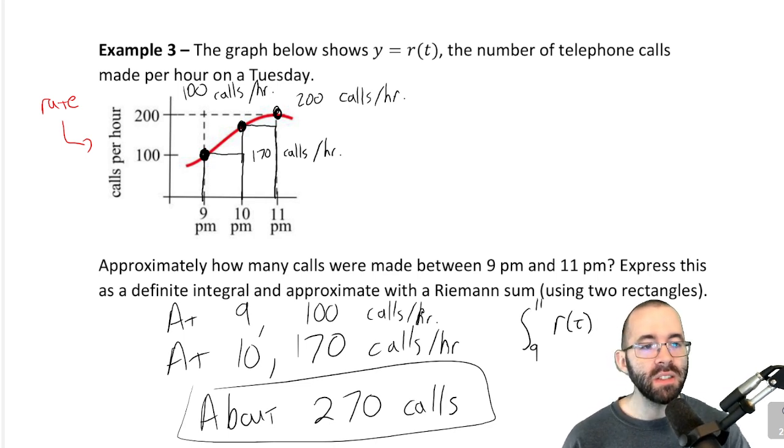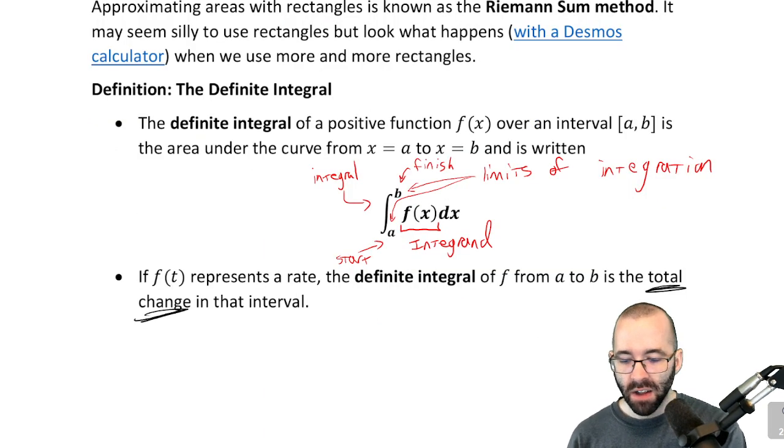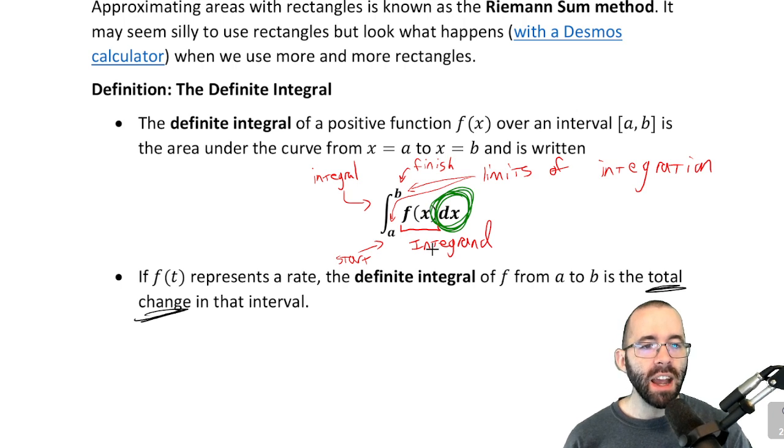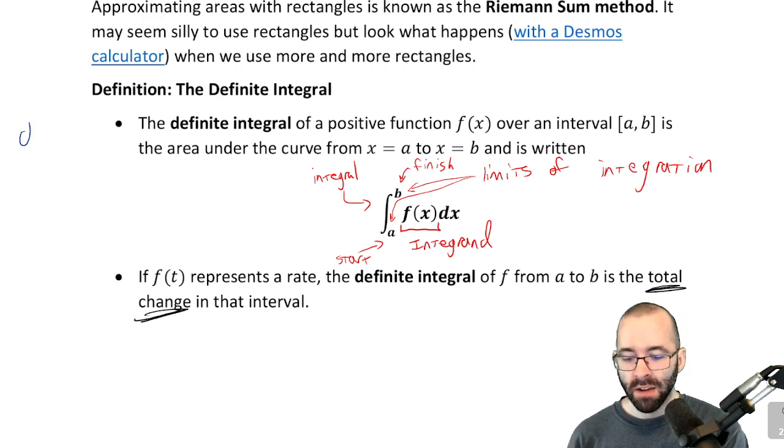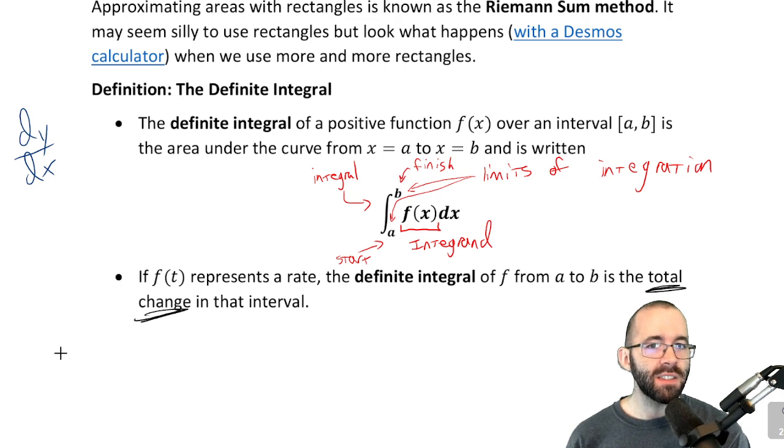I forgot to give you one piece of information on the last page. It's very important. You may have been wondering about it. What the heck does that dx mean? Well, you've seen dx before, right? Derivatives. We said dy dx. What did that mean?